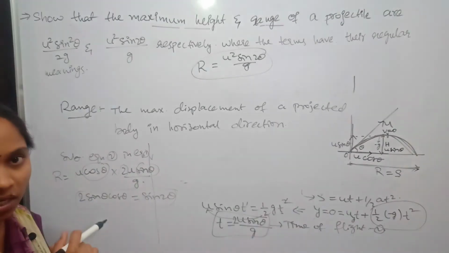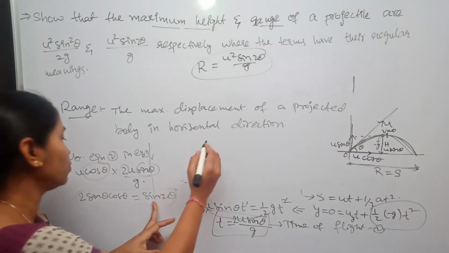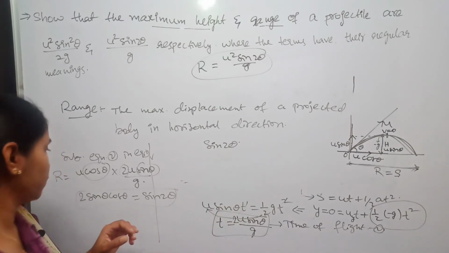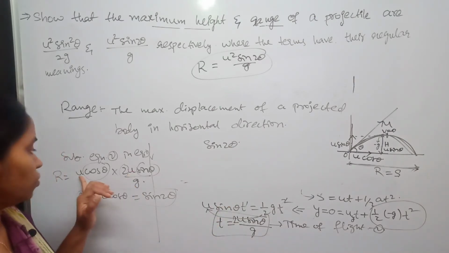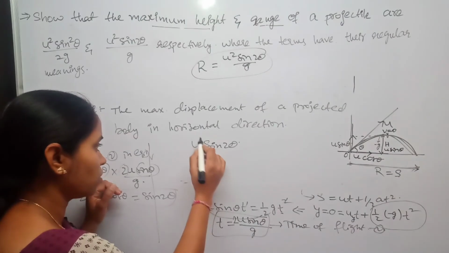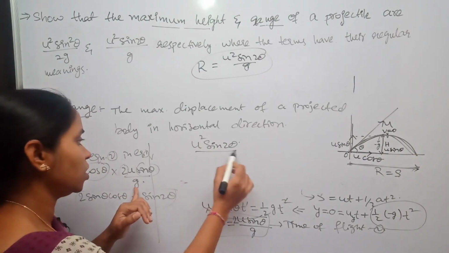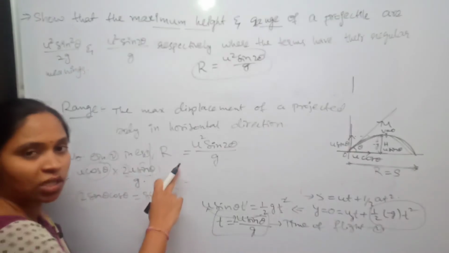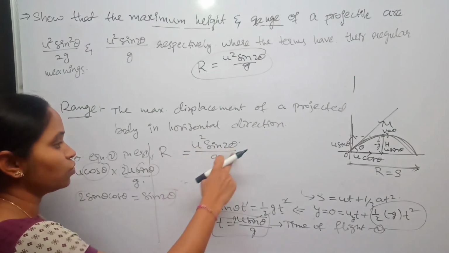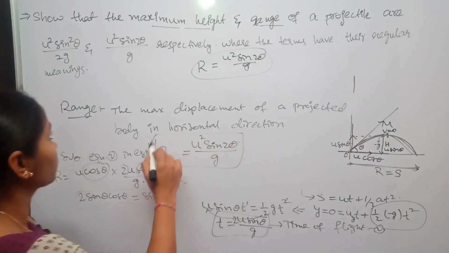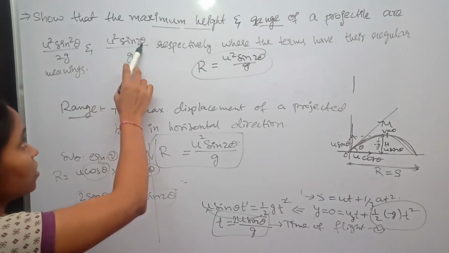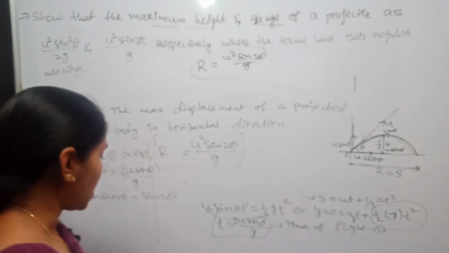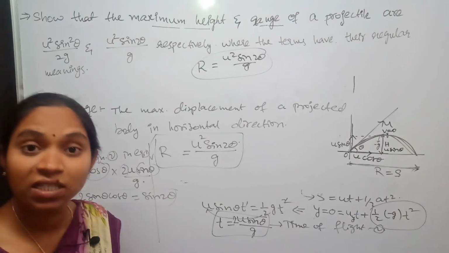In place of 2 sin theta cos theta, I am going to substitute sin 2 theta. Sin 2 theta into u is u square by g, which is nothing but range. Range is equal to u square sin 2 theta by g. Hence, proved.